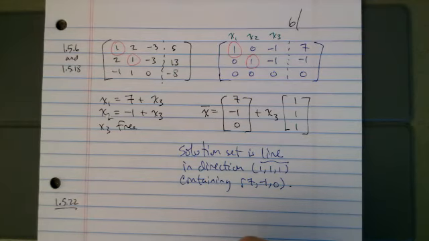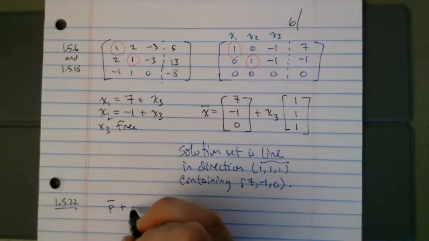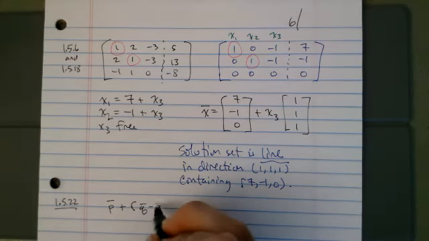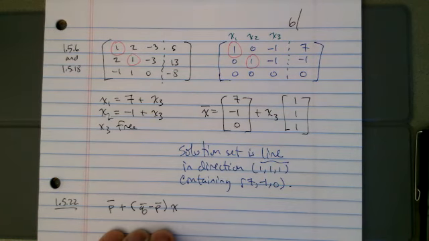Oh, they even tell you, M is parallel to the vector Q minus P. So the equation of the line should be P plus x times Q minus P. So here's the equation of the line.